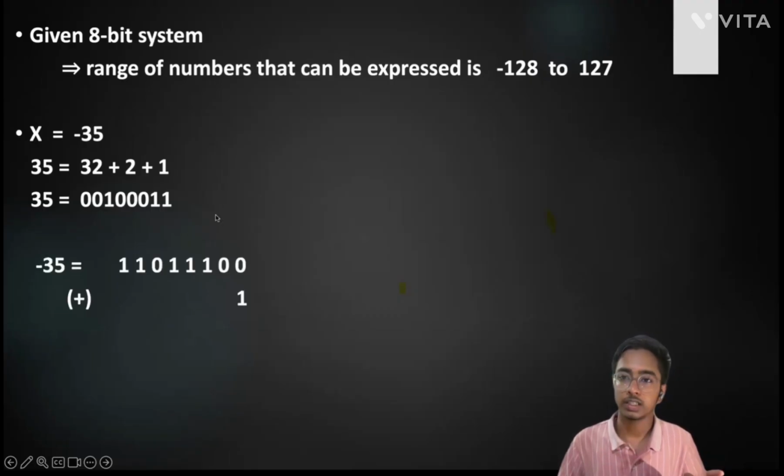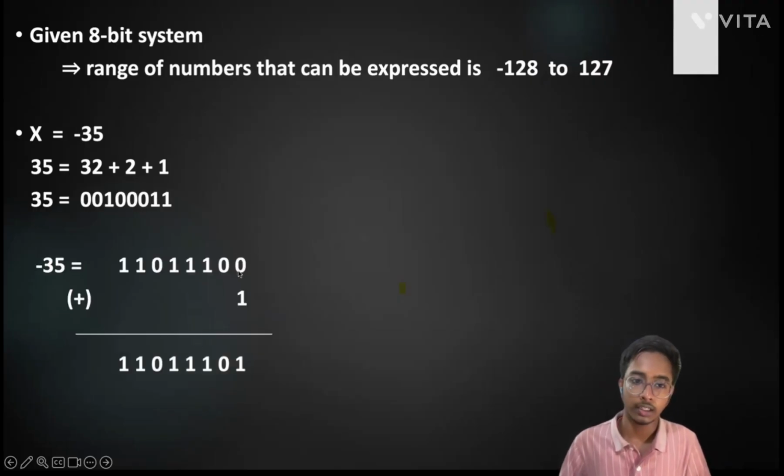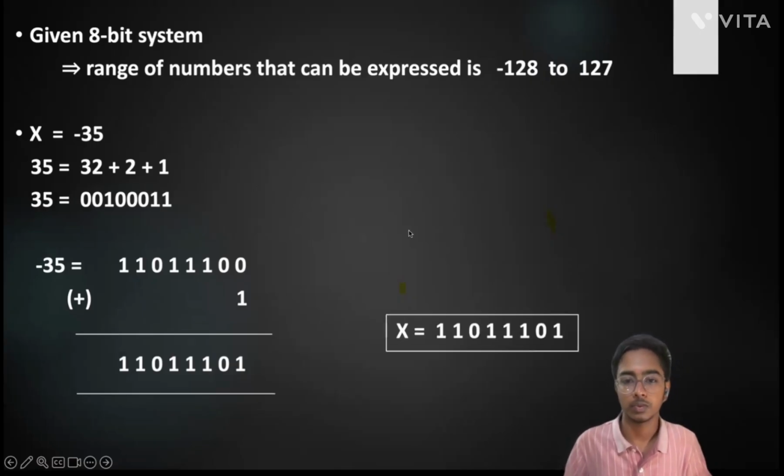And then the next step is to invert the bits, which is 1, 1, 0, 1, 1, 1, 0, 0. And then add 1 to the least significant bit. So adding it, 0 plus 1 is 1, and performing the whole arithmetic operation, we get the result to be 1, 1, 0, 1, 1, 1, 0, 1. So we have got the representation of x in 2's complement form.